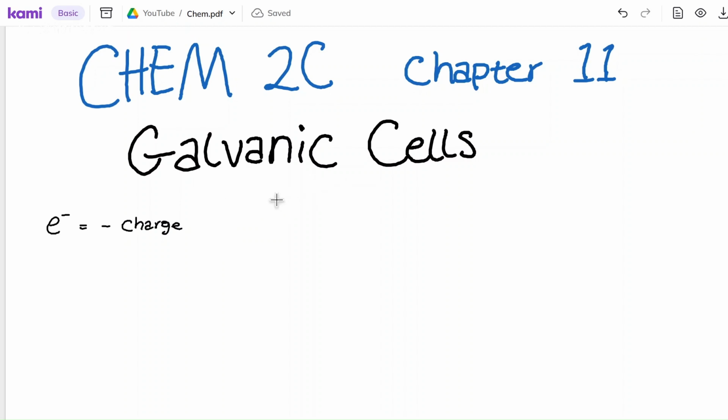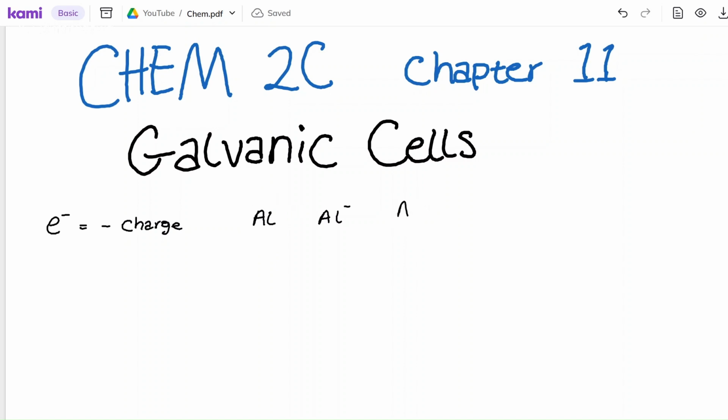So let's say, I'm not going to use zinc, I'll use a random element like aluminum. This is aluminum. It doesn't have any extra charges, but when you write it like this, Al minus, that means it has an extra electron, because now it has an overall negative charge compared to the standard neutral.